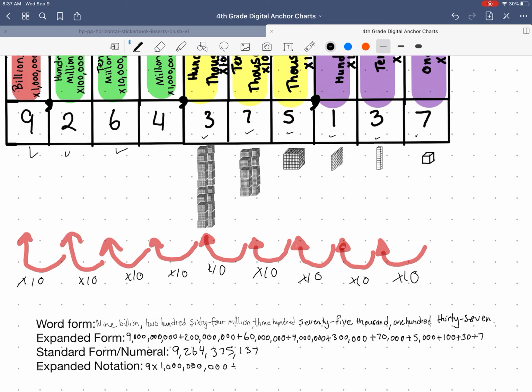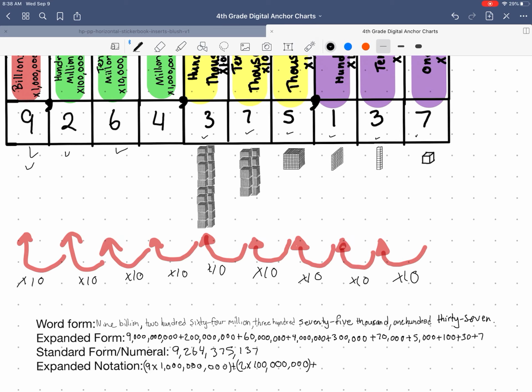Okay, plus, don't forget parentheses. Okay, done with that 9. Now I'm going to do 2 times 100 million. Okay, that looks about right.